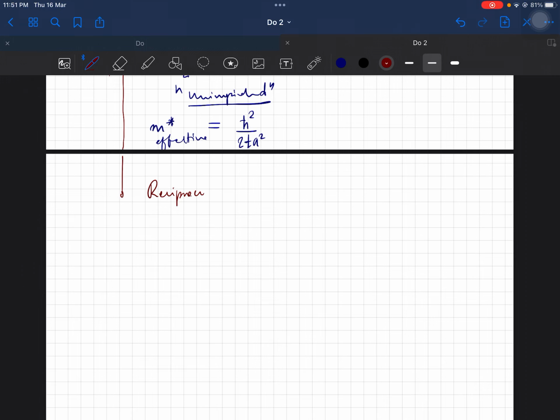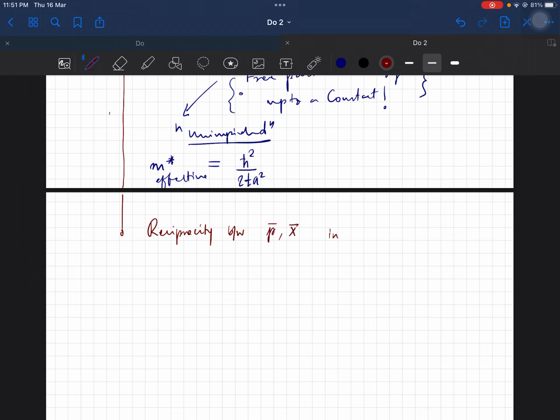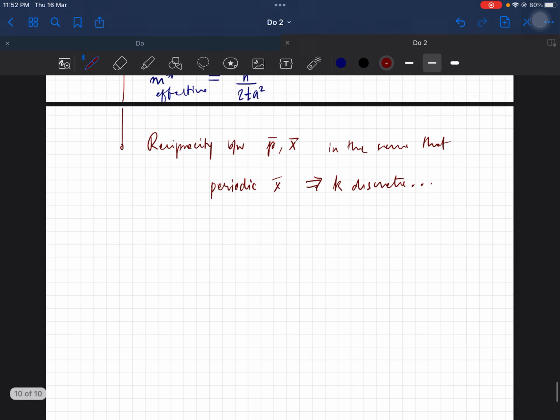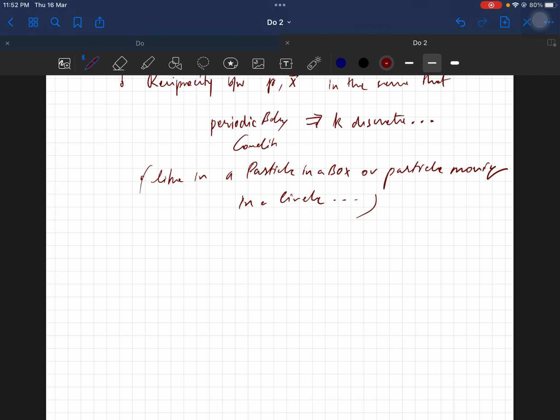Periodic x implies k discrete, like in periodic boundary conditions, a particle in a box, or a particle moving in a circle, etc.